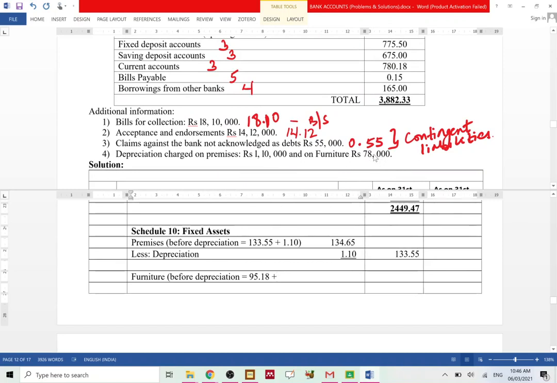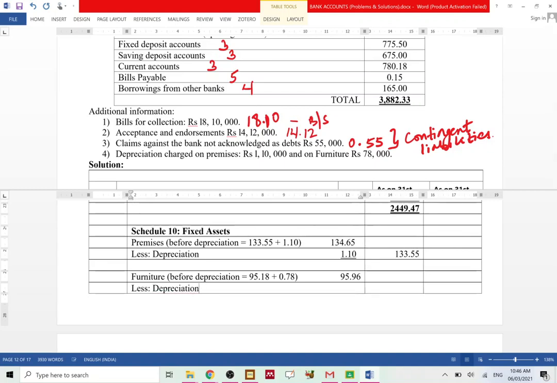So we have to reduce this into lakh, correct? So this is 0 lakhs and 78,000, so 0.78. And if you total this up, you get the balance before depreciation, and that balance is 95.96.